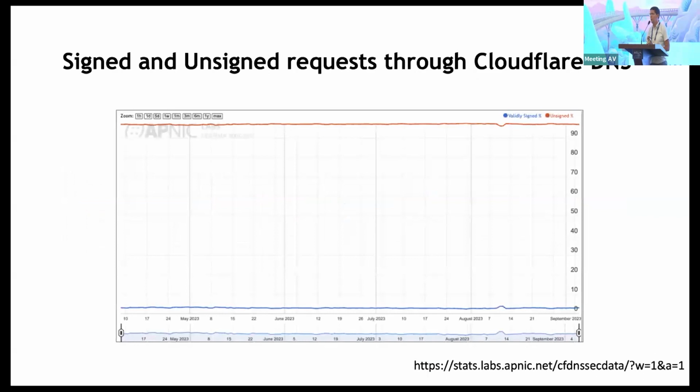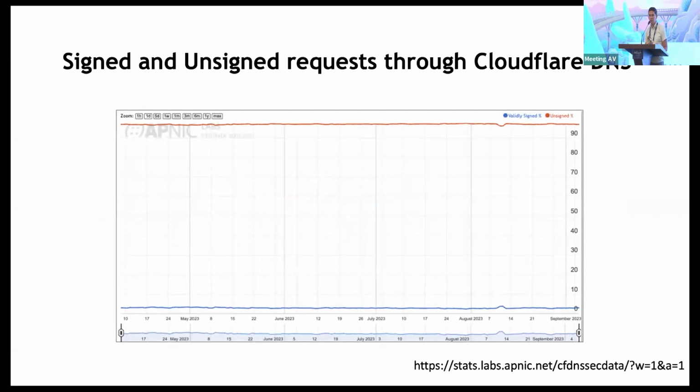Moving on to signed and unsigned domains. We usually get a lot of statistics about, inside each TLD, how many of the domains published in the authoritative servers are covered by DNSSEC or not. But what is harder to come by is a picture of the domains that people care about, the ones that get queried.